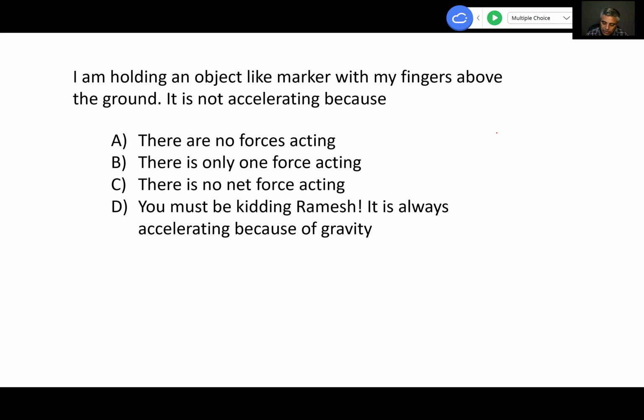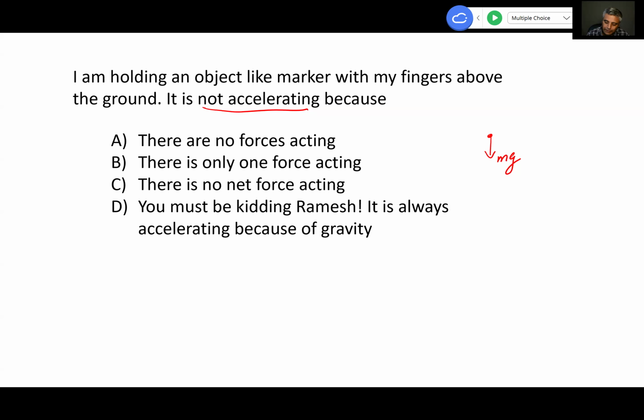See, there is no net force acting is mostly selected, and that is correct. It's not accelerating, which means net force is 0. Newton's first or second law. So if I were to make a free body diagram, what happens? The weight is always there, right? Weight is always there. The object is not weightless.